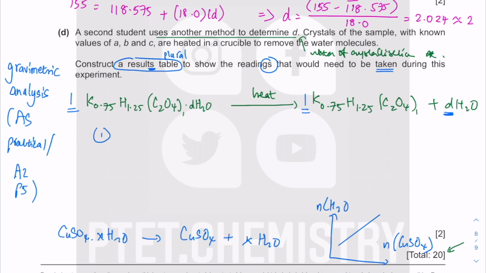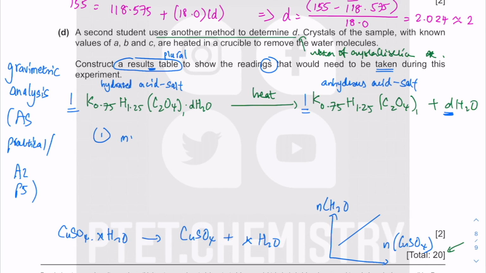Okay, if I call this acid salt, which they did call it, hydrated, and then I'll call this anhydrous acid salt. Actually, I don't call it acid salt hydrated, I call it hydrated acid salt. A bit of English there.